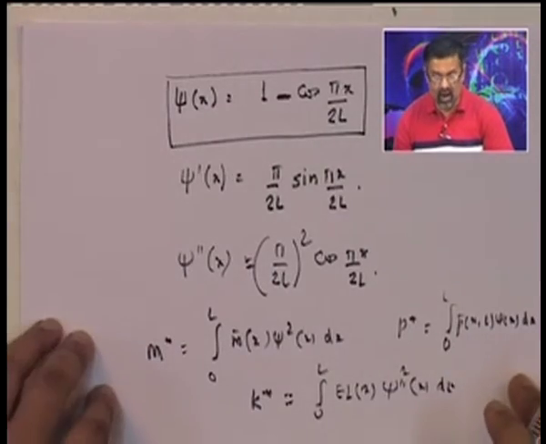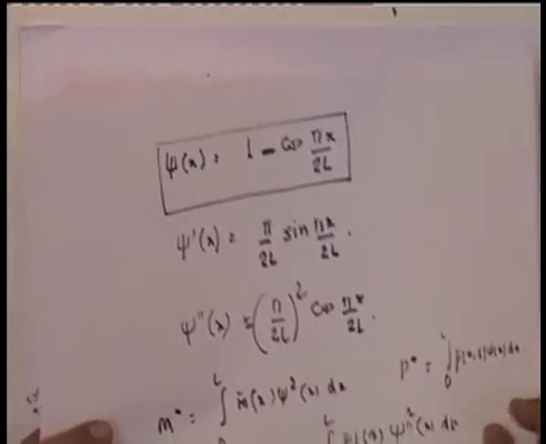Okay. Given that, let us now try to find out what values I get with this xi x. Okay. So, let us try to find out m star.